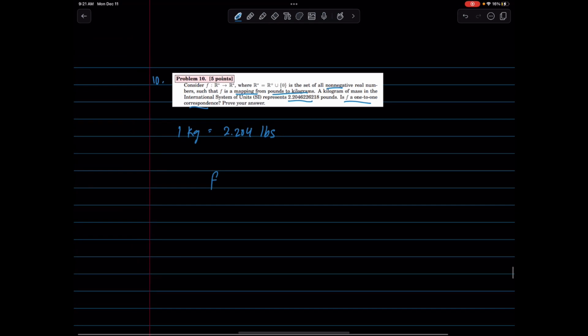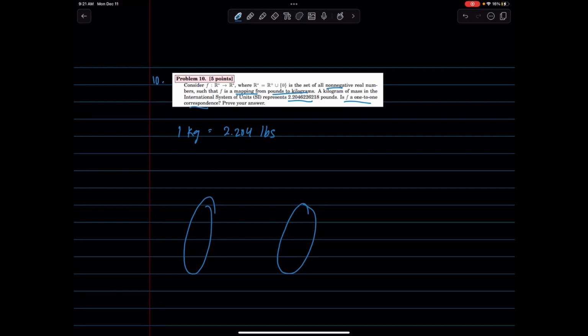So all this function is doing is taking some number of pounds and multiplying it by 2.204. So that'd be 2.2, this would be 4.4, and then 6.6 or whatever, right? This function is just 2.2x.